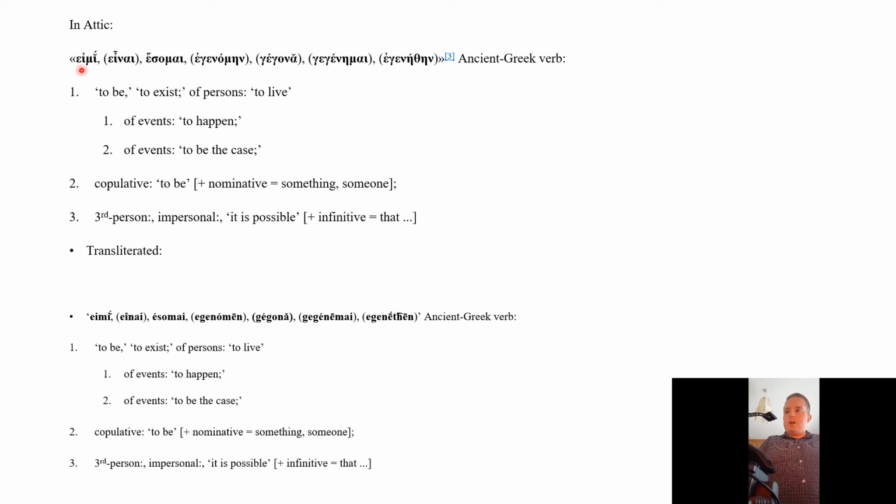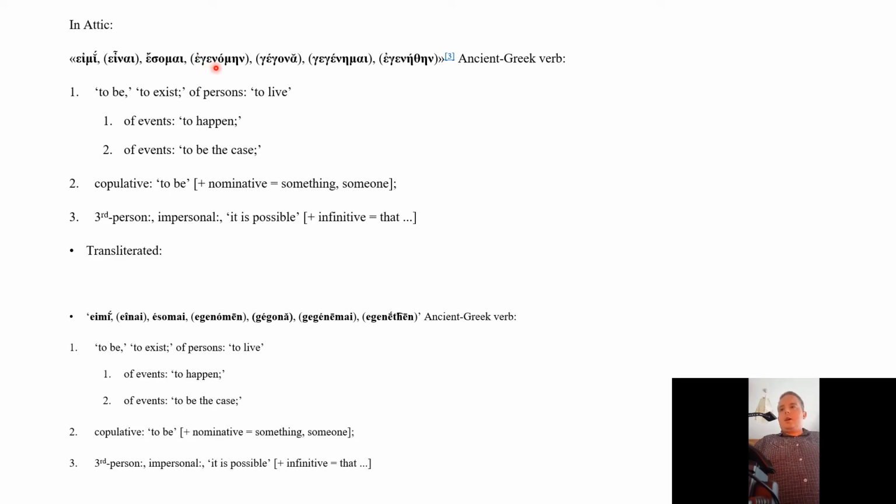And so we have eimi, and then we have einai, and then we have esomai, and then we have to borrow this from gignomai. So this is actually a form of gignomai, not really eimi, so I put it in brackets.